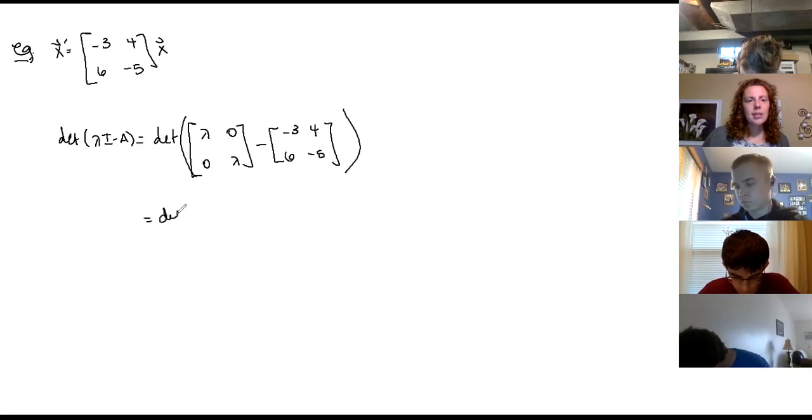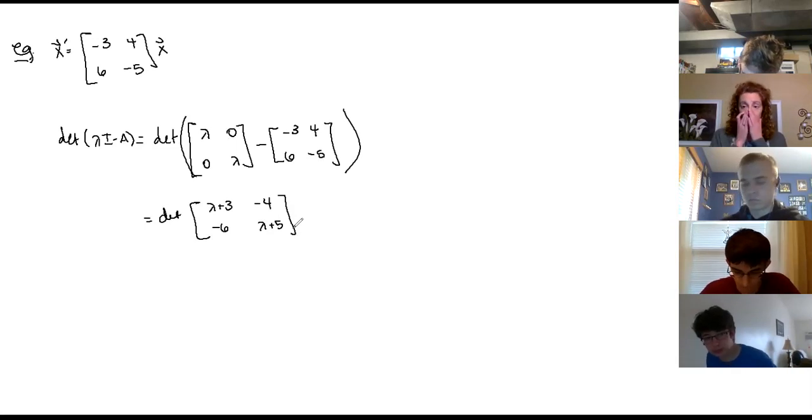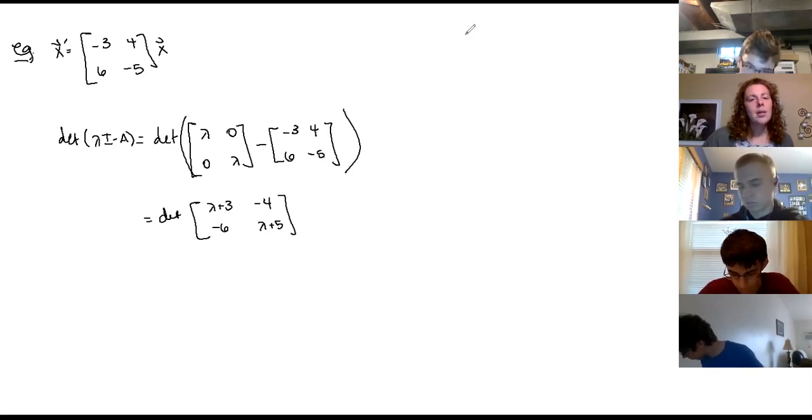This is the determinant of lambda plus 3, -4, -6, lambda plus 5. If you want to jump right to the second line, you totally can. Just be very careful with your negatives.